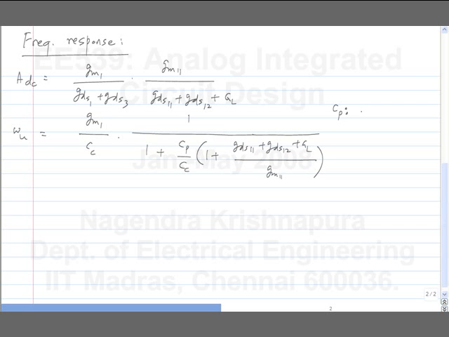CP is the parasitic capacitance at the output of the first stage, from the output of the first stage to ground, which consists of CGS11, CDB3 and CDB1. So if CC is rather large compared to CP, then the unity gain frequency is approximately GM1 by CC.